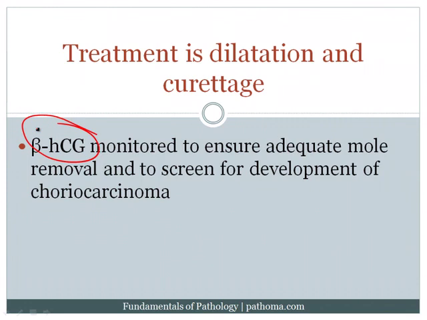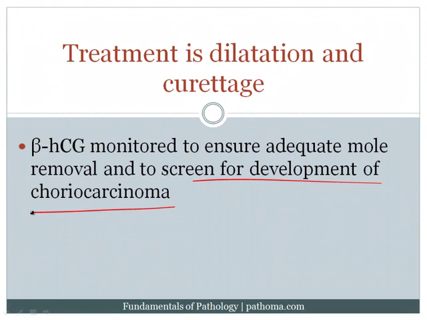The other use for the beta-HCG is to screen for the development of choriocarcinoma. Remember that the feared complication of a molar pregnancy is choriocarcinoma. If a woman has a molar pregnancy, it's emotionally very distressing and it's inconvenient. However, it's not potentially lethal. What's potentially lethal would be the development of a choriocarcinoma. That's the feared complication because that's a high-grade malignant tumor.